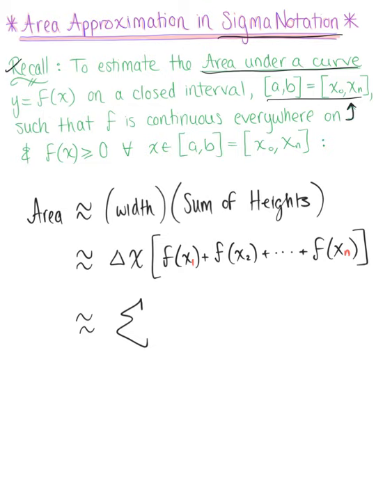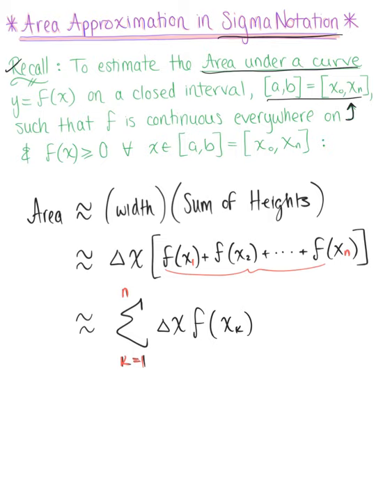So we can say that this is the sum from k is 1 to n of the width. Notice here again, we've used the heights to come up with the index of summation. We'll use this for our general formula. The width is a constant, but the thing that's changing is our height. So that's f of x sub k.